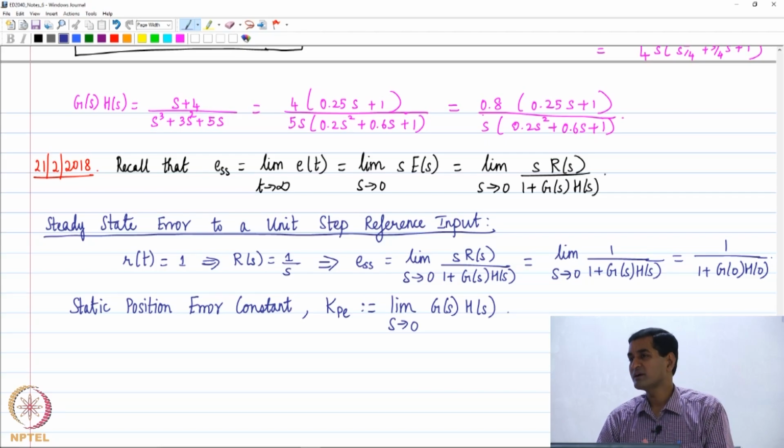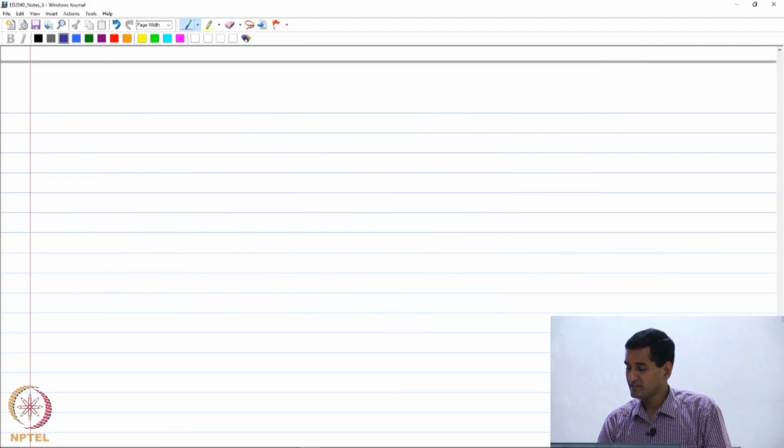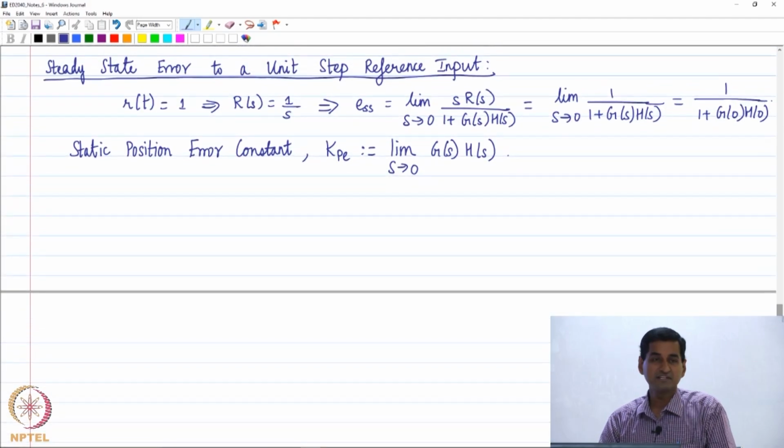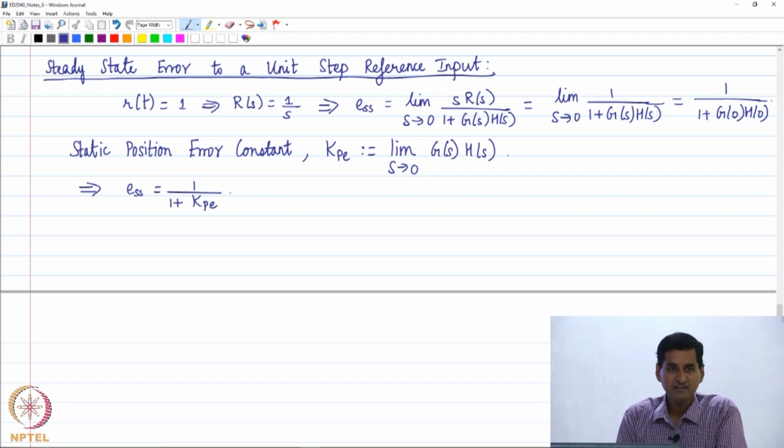As we progress, we will see why it is called a static position error constant. Right now we will just define it. So the static position error constant is nothing but the limit s tending to 0 of G of s H of s. This would immediately imply that the steady state error is going to be nothing but 1 divided by 1 plus Kp, right. That is what we will get for the steady state error to a unit step reference input.